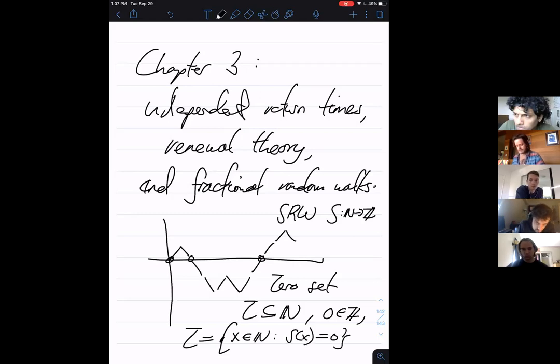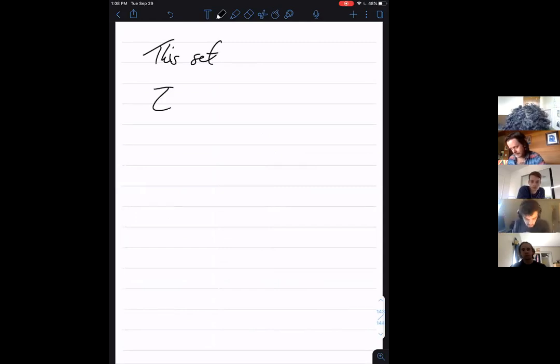S is the actual simple random walk, S for sum as well, because the walk is obtained by adding the independent increments.